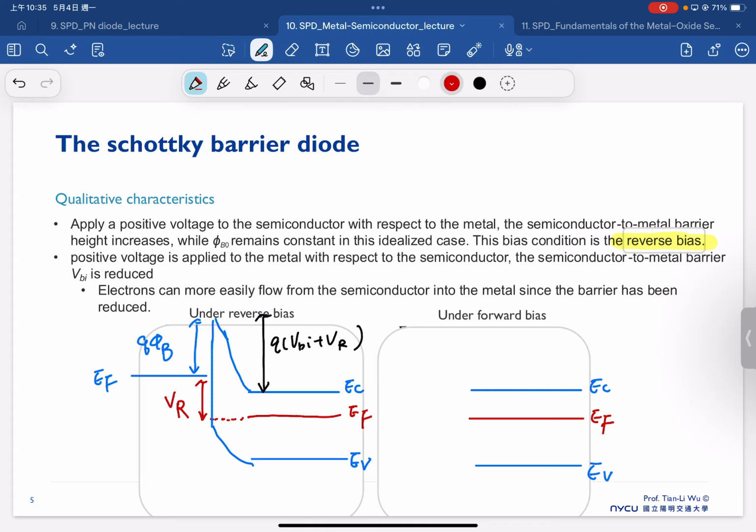So this is our metal Fermi energy, EF, and the difference between these two is VA.